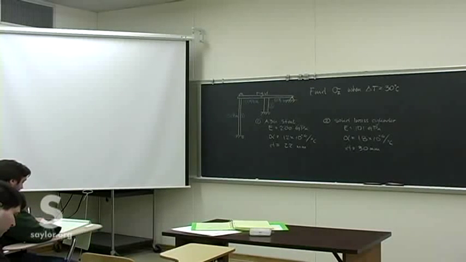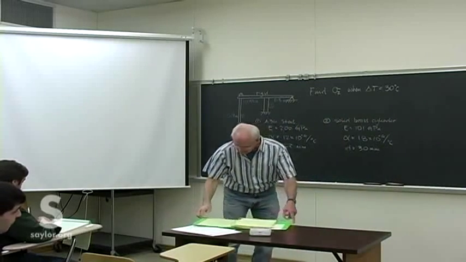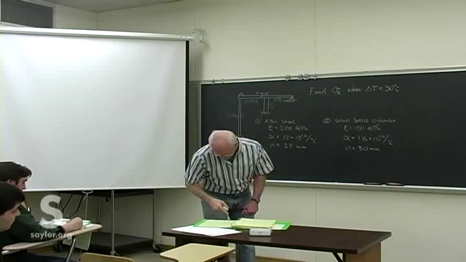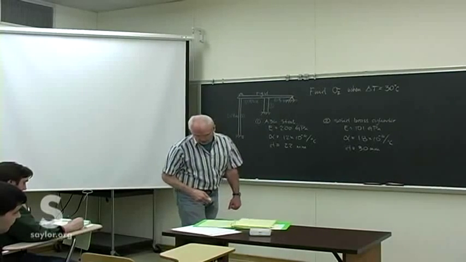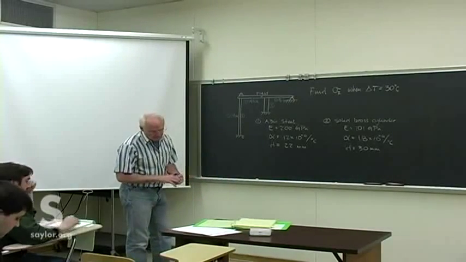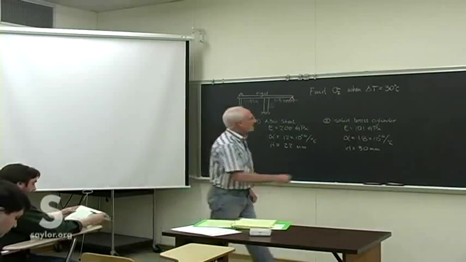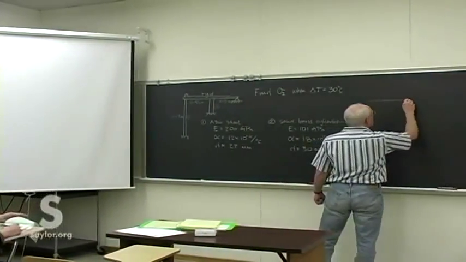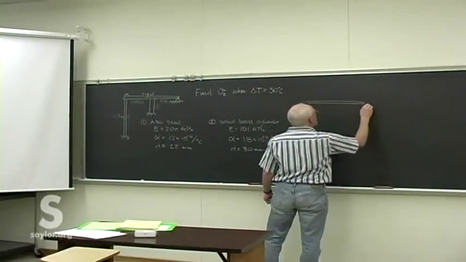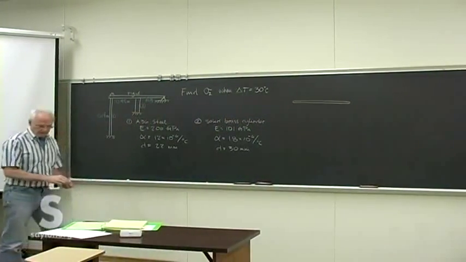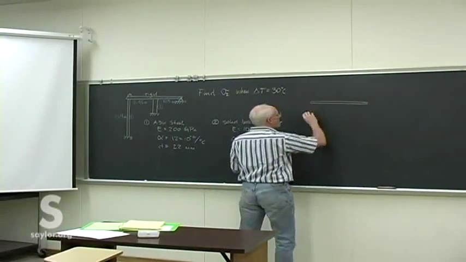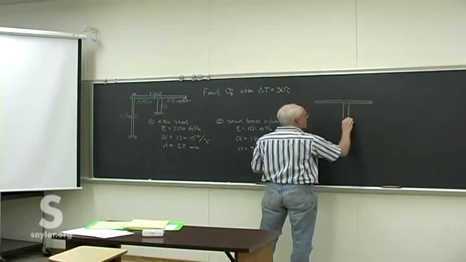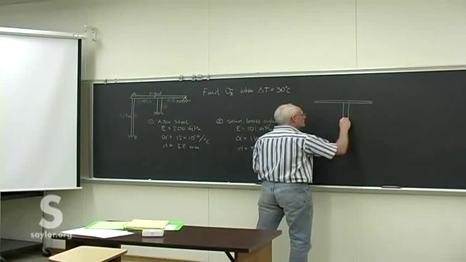And so we need to find the stresses in the brass. It's not a big deal if we wanted to find it in the other piece as well. Because of this, we expect a free body diagram of that rigid bar, actually the whole structure, to look something like this.